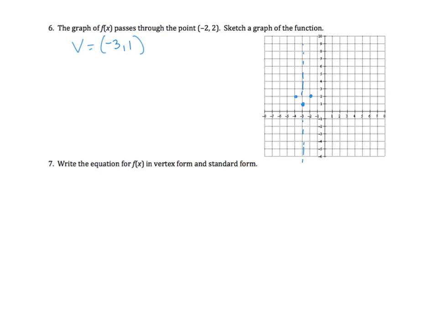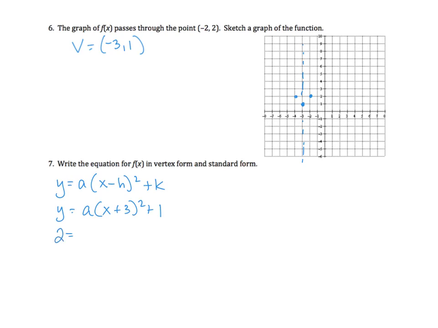So I know my vertex, so I'm going to write this in vertex form. That's where h comma k is my vertex, so I'm going to fill in what I know. And now I know another point on my parabola besides my vertex, so that will allow me to solve for a, and that other point is negative 2, 2.